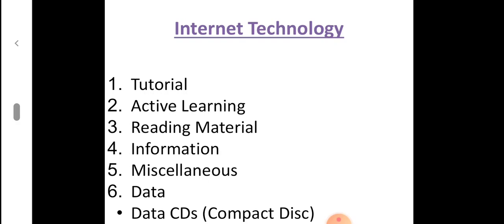We can get information on universities offering degrees in economics or any other information about any subject. Fifth point is miscellaneous. We can get quotes by economists, names of reference books, etc. also on internet by using the search engine.